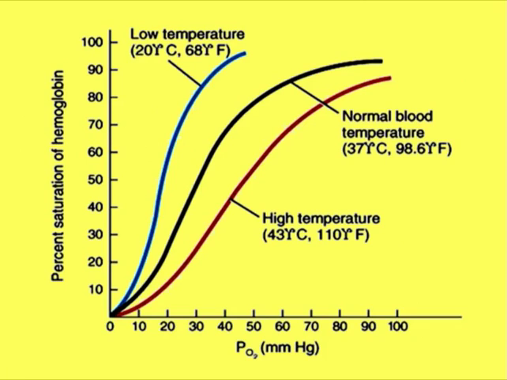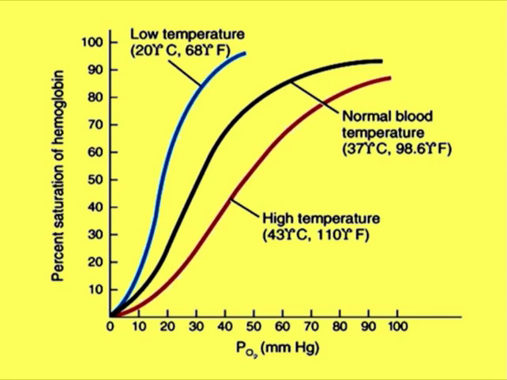Now, this saturation of oxygen with hemoglobin depends on other factors, for example, temperature. When the temperature is lower, the saturation of hemoglobin with oxygen will be higher, and this graph we generally call the oxygen hemoglobin saturation curve. The black line in the middle shows the normal blood temperature, 37 degrees centigrade.